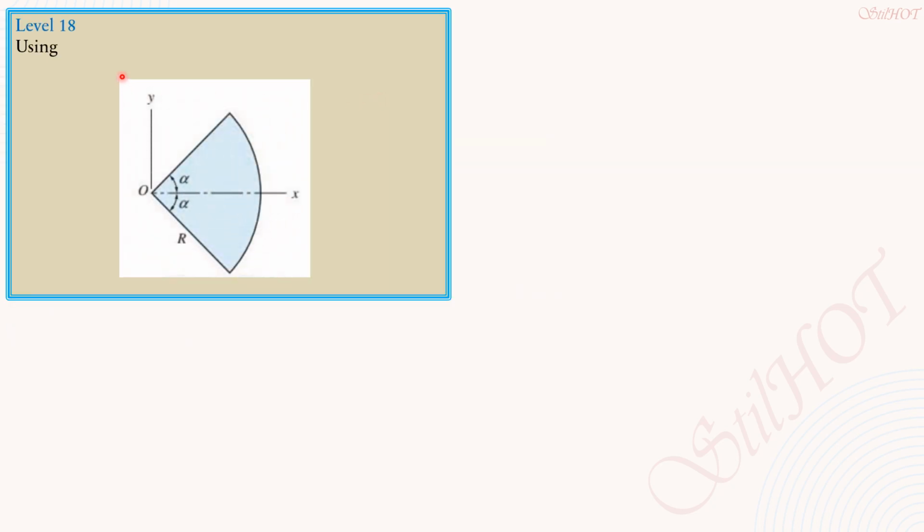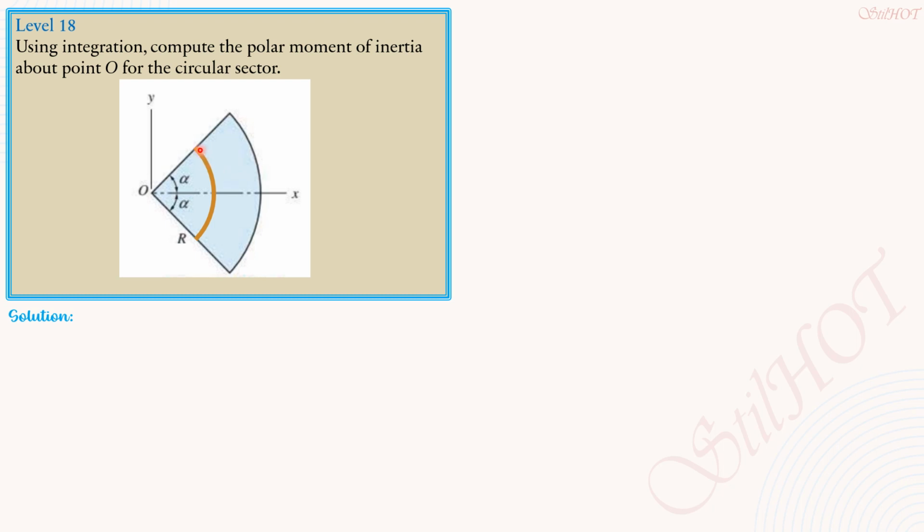Level 18. Using integration, compute the polar moment of inertia about point O for the circular sector. For our solution, let's have a circular strip arc as shown, so that every element of this differential arc strip will be equidistant from O, and the distance is denoted by small r as shown, and the thickness is differential r.